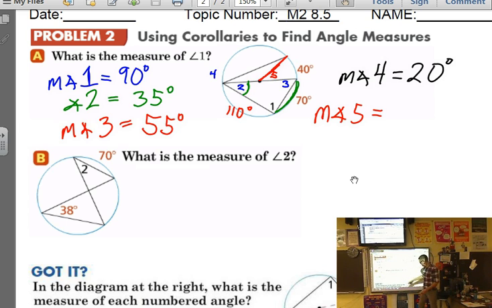So we just solved angle 4, and I'll make that black. It's right here, right? Would you use your 40-degree arc, for angle 5? Yeah, what is angle 5? 40 degrees, because when it's from the center, it's exactly the same.